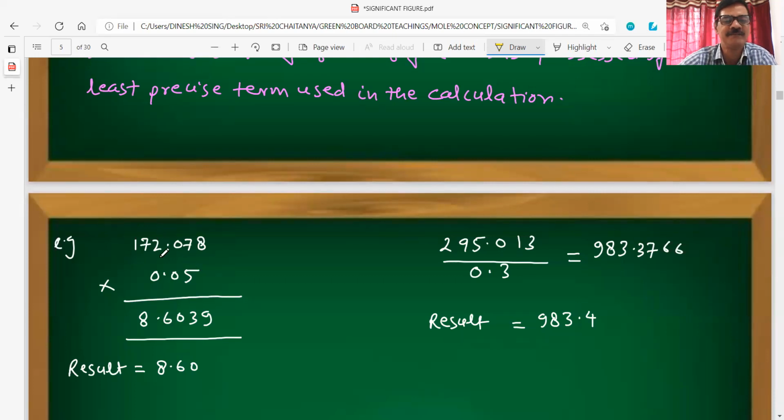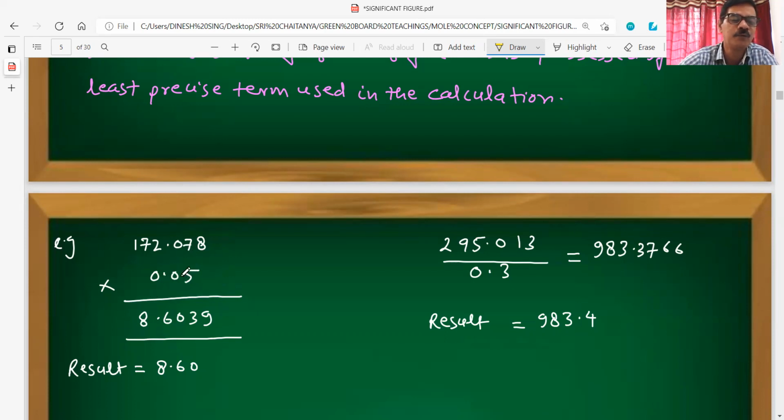So if we multiply 172.078 by 0.05, then our answer is 8.6039. Now we have to express this answer.